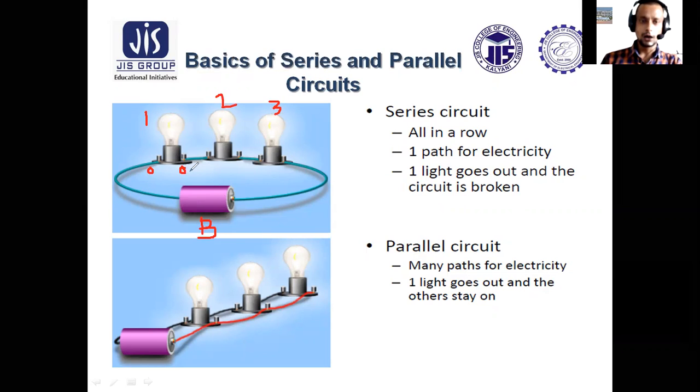Now this terminal of the bulb is connected to another terminal of a bulb. This terminal of a bulb is connected to another terminal of a bulb. So what is happening here? This terminal is connected to one terminal of the battery, and this terminal is connected to the other terminal of the battery.